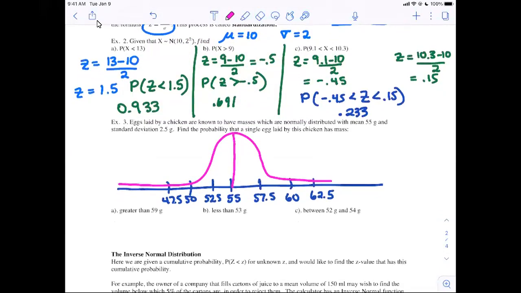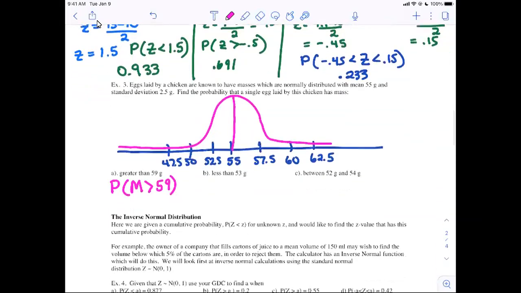All right, so in part A, I want to find the probability that the mass is greater than 59. So you're going to do a normal CDF. I have 59, comma, a whole bunch of nines.